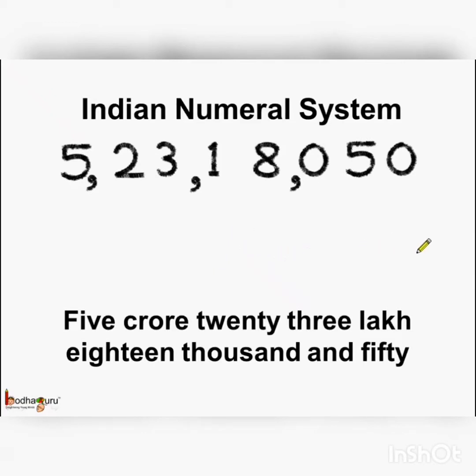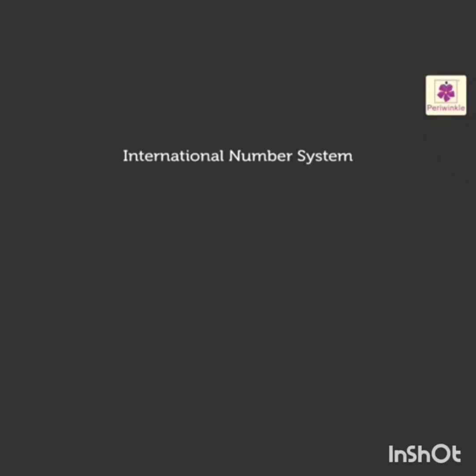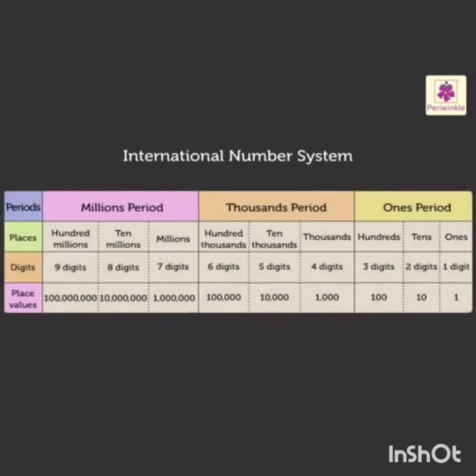Now we'll be learning about the international number system. Look at this table. It shows the period, the places and the place value. In this system, the 6-digit numbers are placed in the ones and the thousands period. The 7-digit numbers are placed in the ones, the thousands and the millions period.